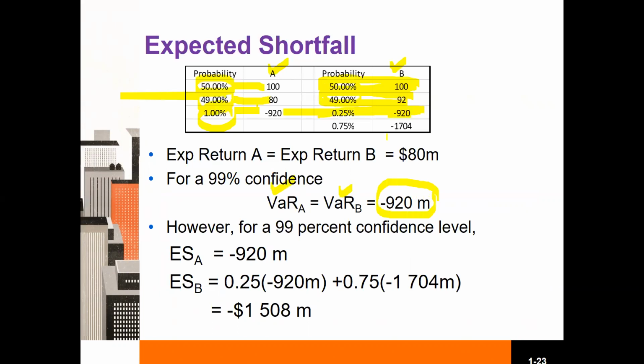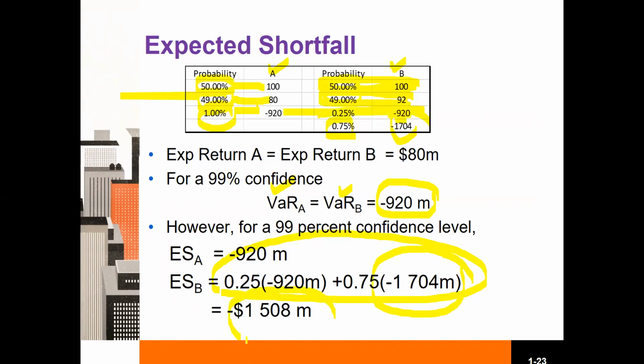However, for security B, you can see that in 0.25% of cases it can be negative 920, and there is a 0.75% possibility that it can be negative 1,704. So if we calculate the average of these losses, 25% of the case it will be 920, and 75% of the case it will be 1,704.